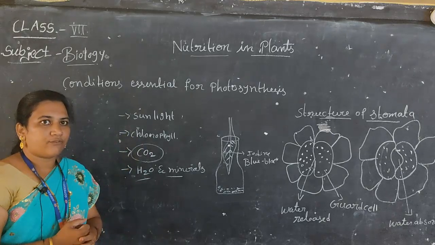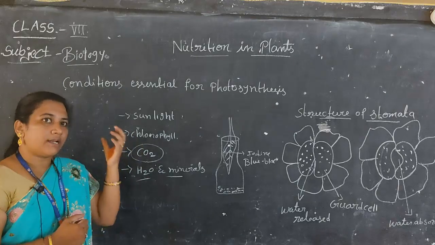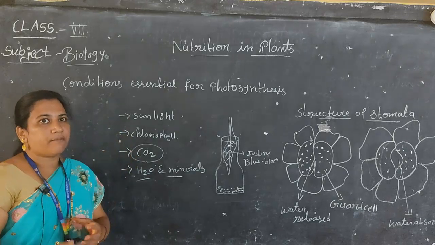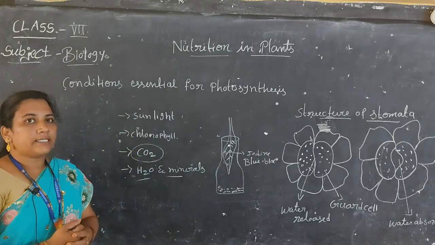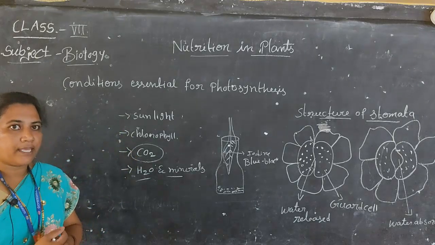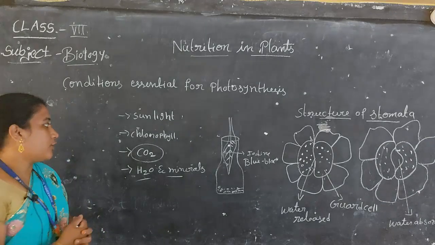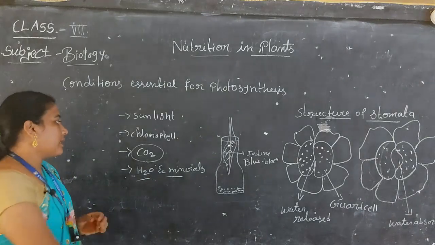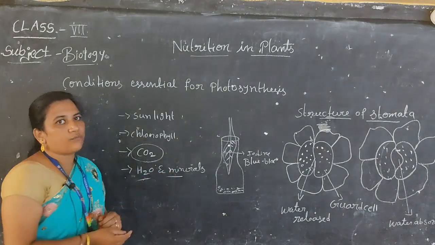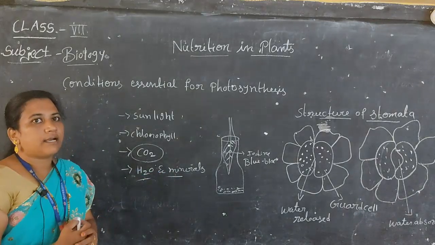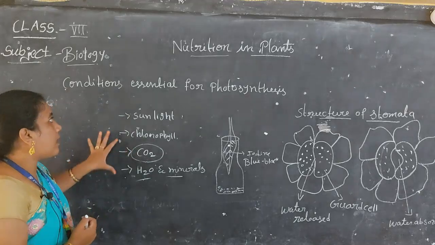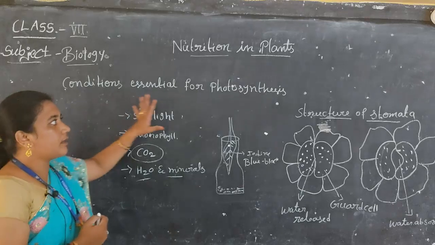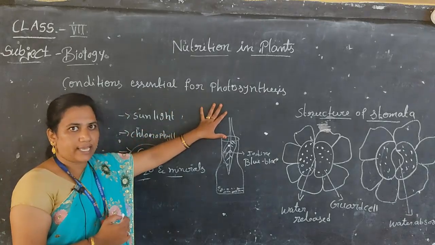Roots also require food materials, so food materials are taken from the leaves to the different parts of the plant. This transportation happens in plants through the vessels called xylem and phloem. Water and minerals are also transported throughout the plant. So these are the essential conditions required for the photosynthesis process.